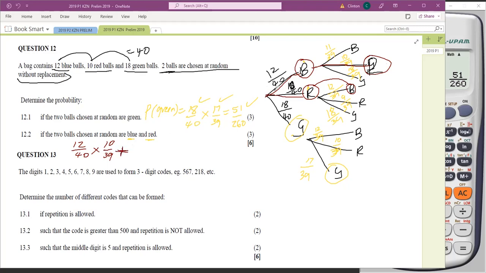Because I did the first branch and then I got to the end, I have to now go back and come to this branch. When you have to go back and come to a different branch, you always put a plus sign, okay? So here I have 10 over 40 multiplied by 12 out of 39. Then let's see what that gives us.